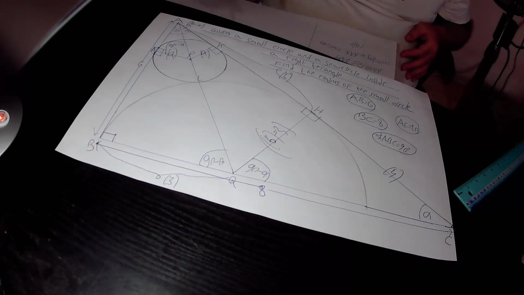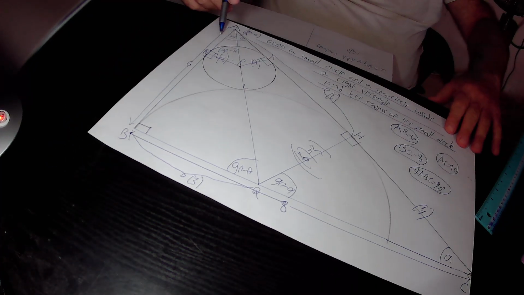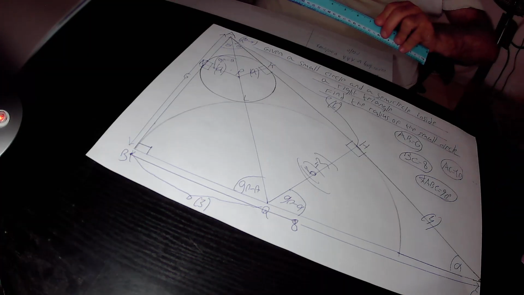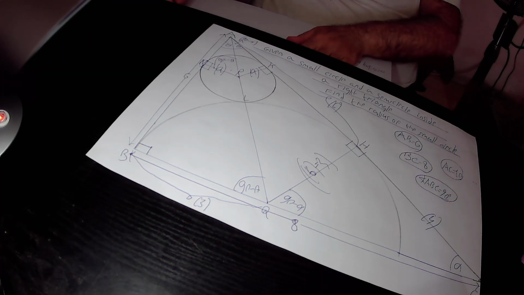And from the fact that the big right triangle ABQ is similar to this small right triangle ANP, we will derive that the following relationship exists between their sides.